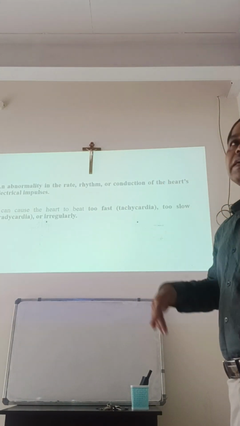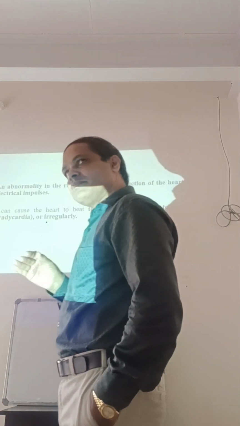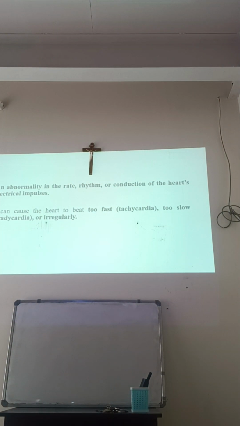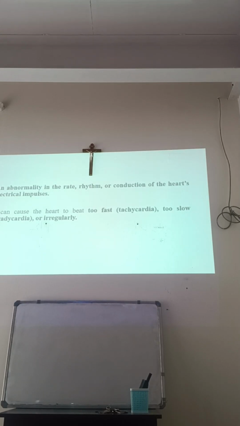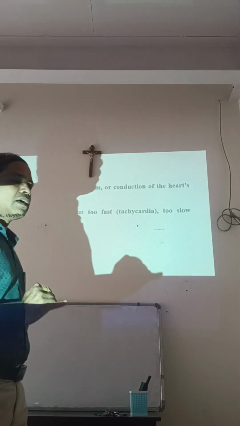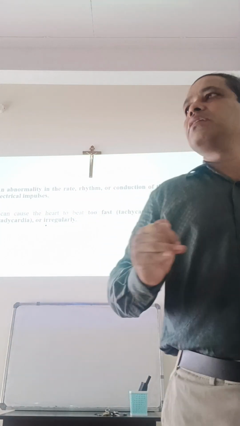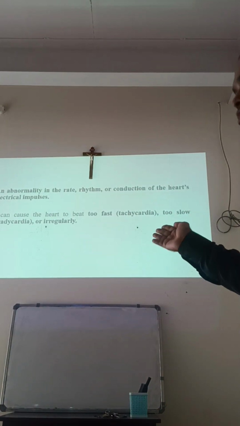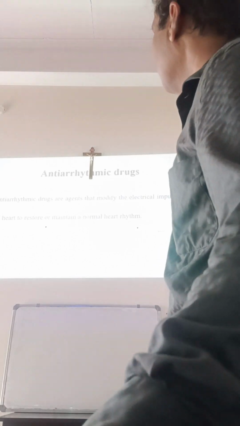In tachycardia and bradycardia, the rhythm is maintained, either slow or fast. In arrhythmia, whether slow or fast, the rhythm is lost. Understood? That is the difference between tachycardia, bradycardia, and tachyarrhythmia, bradyarrhythmia, and so many other varieties are there.